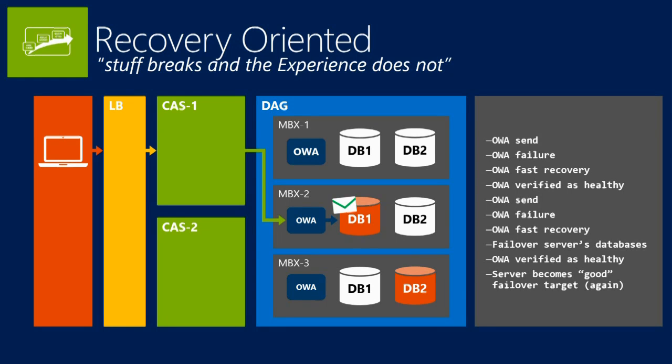Of course, the administrator could always go and do a switchover or rebalance the DAG if they wanted to move databases around. But at this point, when we failed over from server 1 to server 2, the problem from the user experience perspective has been fixed, and the user's back in their mailbox and life is good. And to a large extent, when you're running a messaging service, that's all you really care about. Life is good for the user.